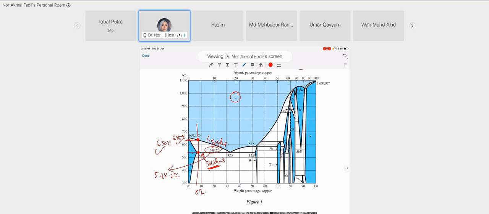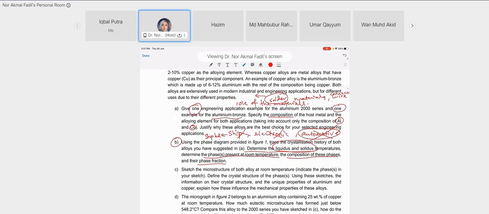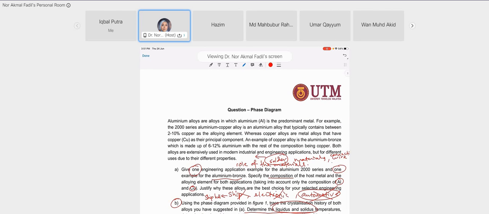He thinks he couldn't choose the same number, so he chose 549 degrees Celsius. This one is totally wrong, because this is exactly the temperature you need to take, which is 540. If I find any answer like this, consider it cheating. The whole answer for this question, let's say question number 3, is wrong, or maybe the whole paper will be considered cheating. So be careful.